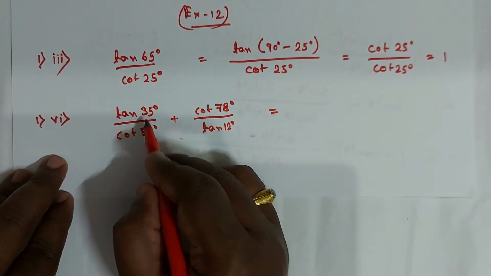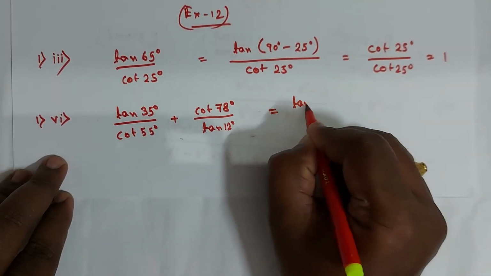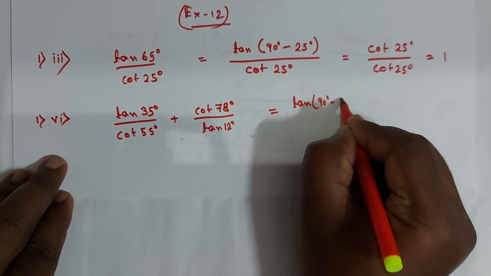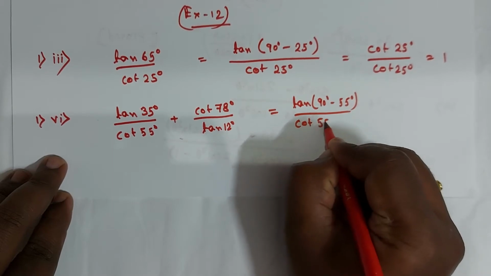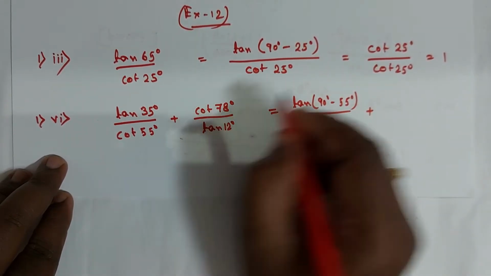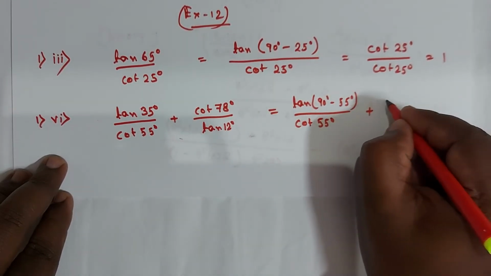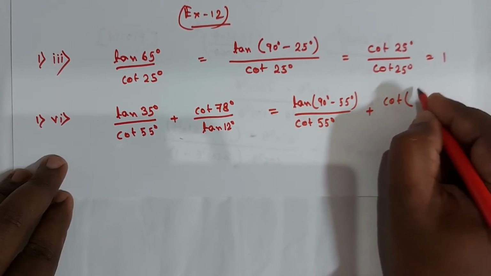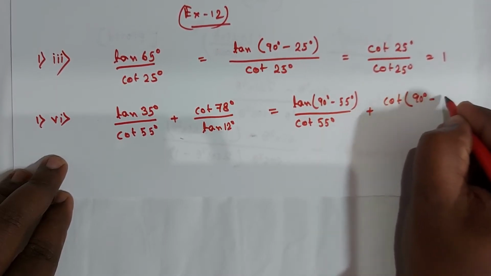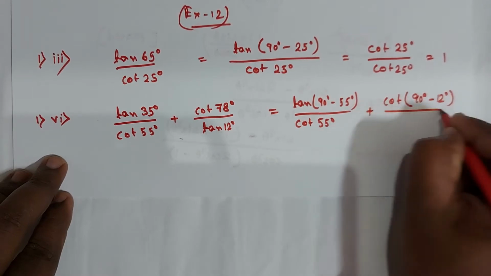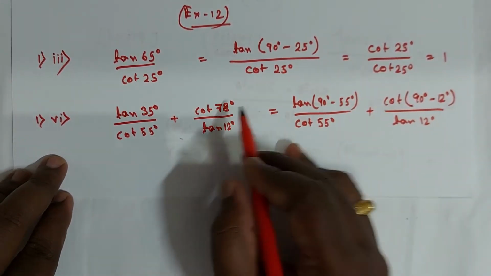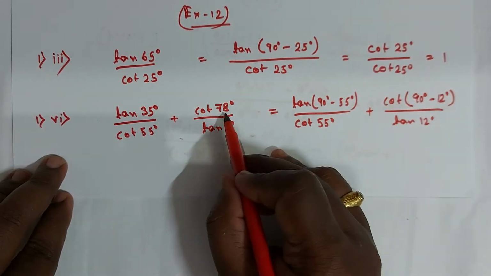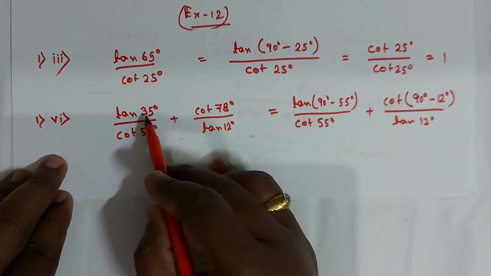Tan of 35 means tan of 90 degree minus 55 degree by cot 55 degree plus cot of 90 degree minus 12 degree by tan of 12 degree. 78 degree means 90 minus 12 is 78, and 90 minus 55 is 35.